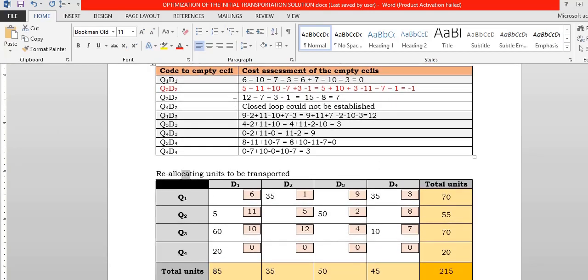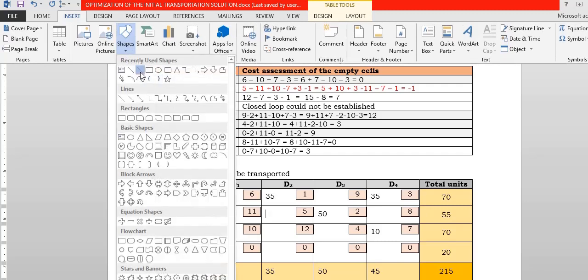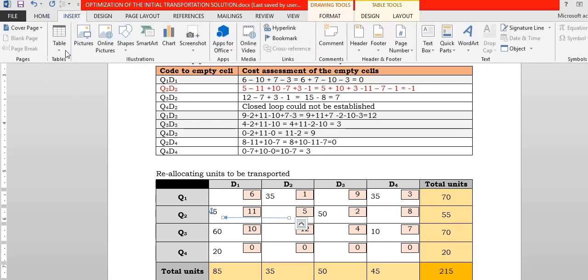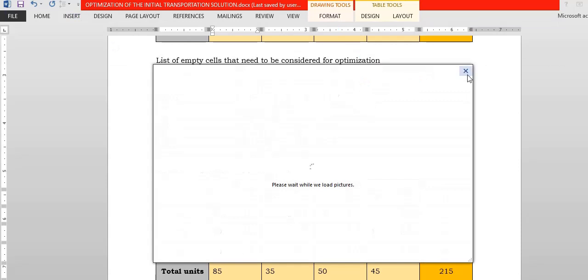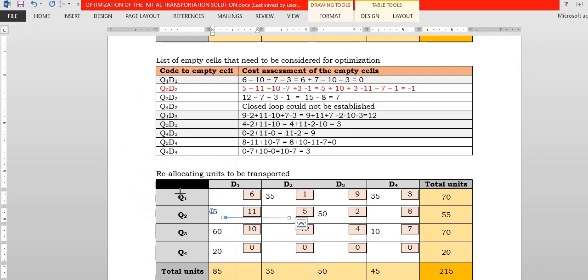So Q2D2 is here, and let's see the route we took. The route we took is 511, so we are taking this route here. From here we went this way. Then we looked for a closed loop, which we found, and we moved downwards from here to this particular position.